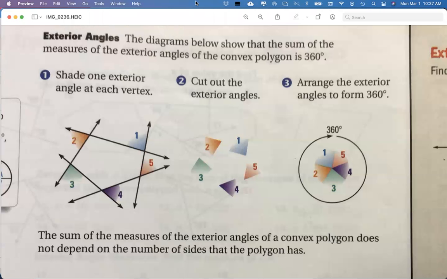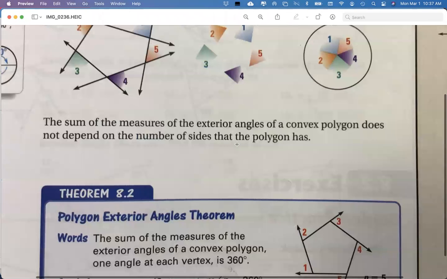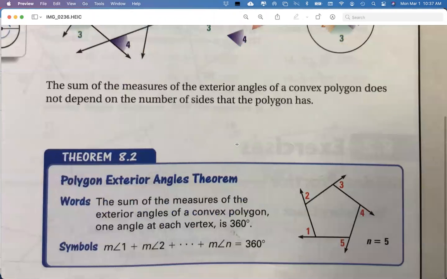So we have a theorem here, theorem 8.2. It's called the polygon exterior angles theorem. It says the sum of the measures of the exterior angles of a convex polygon, one angle at each vertex, is 360 degrees. So again, this is a pentagon. If we add up 1, 2, 3, 4, and 5, we should get 360 degrees. Notice how small those angles are.